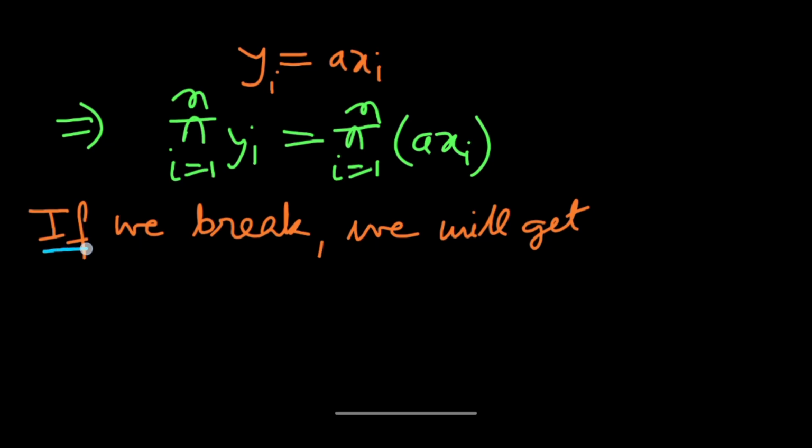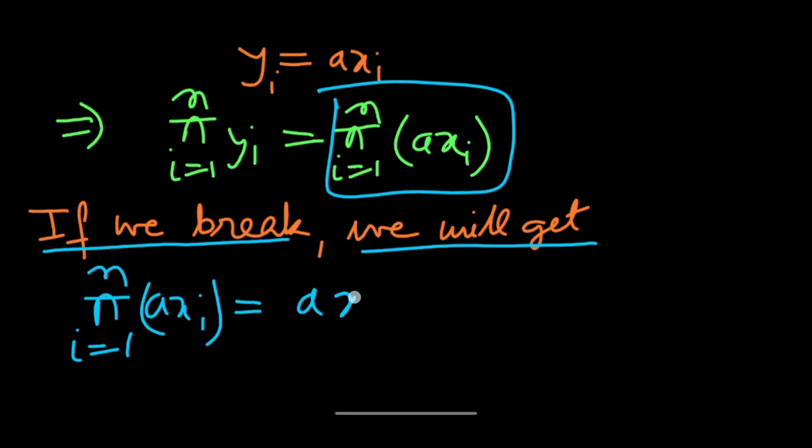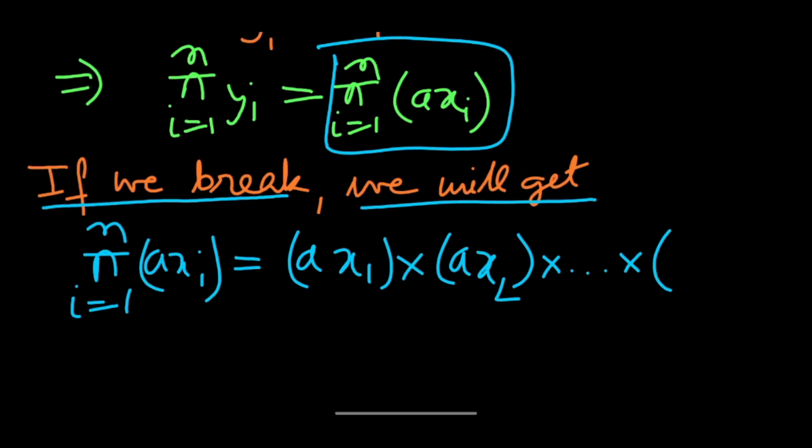If we break the right hand side of this equation, we get the product for i equals 1 to n of axi, which will give us ax1 times ax2 times up to axn.